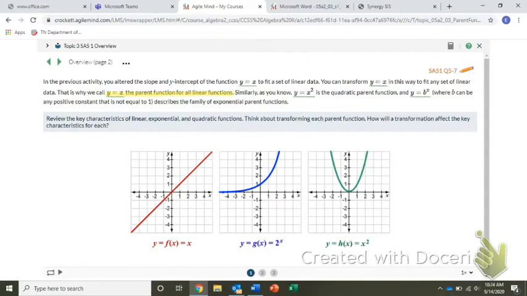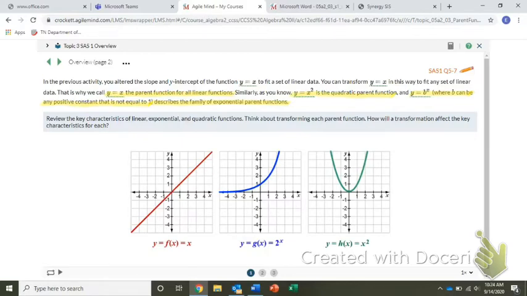As you know, y equals x squared is the quadratic parent function, and y equals b to the x power, where b can be any positive constant that is not equal to 1, describes the family of exponential parent functions. So, on number 5, it asks us, what rule describes the family of exponential functions?